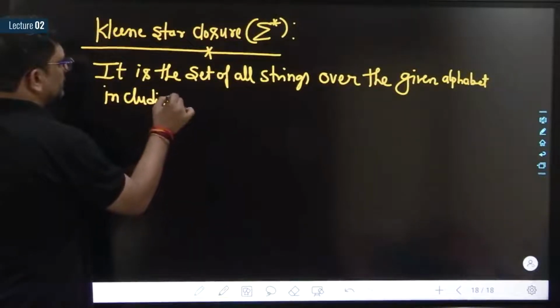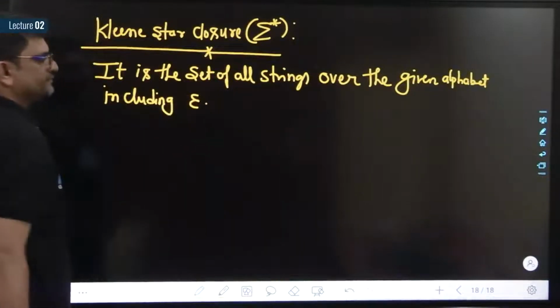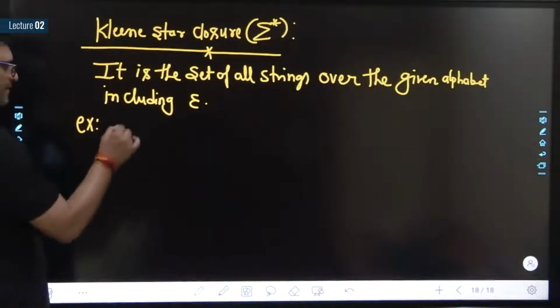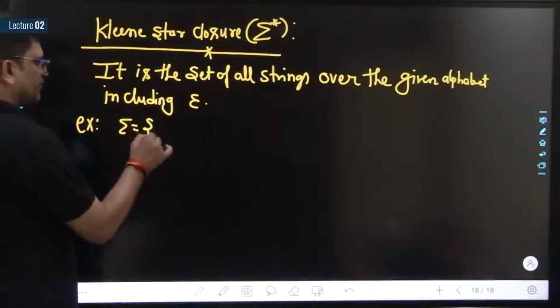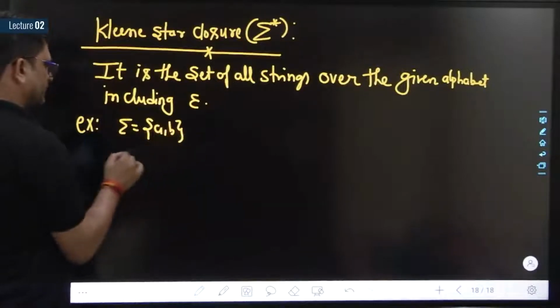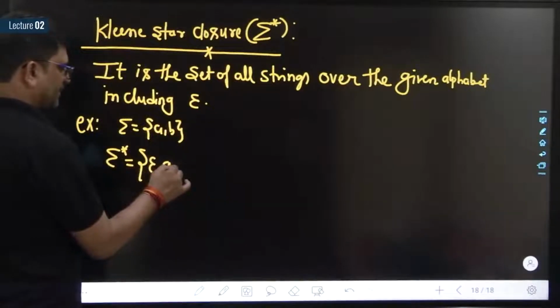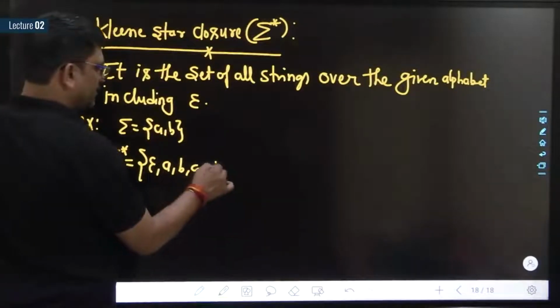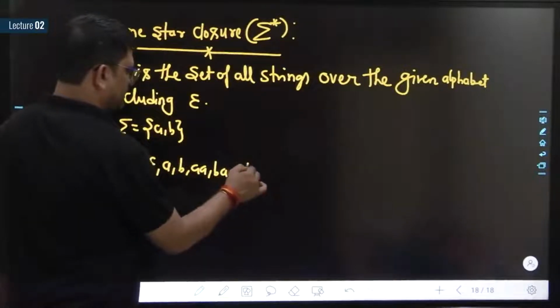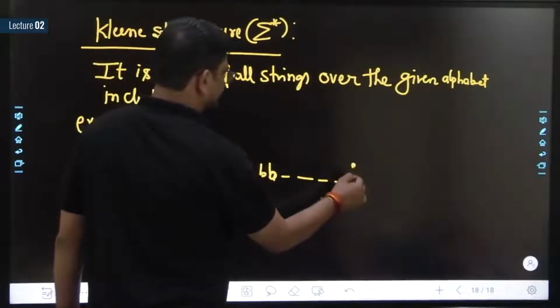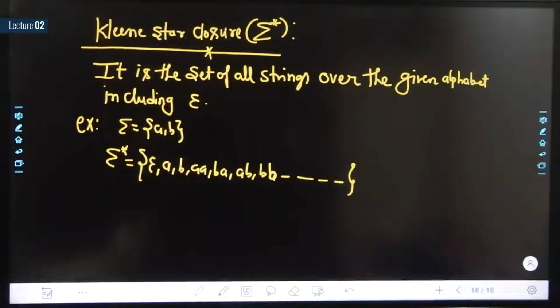For example, sigma equal to a comma b. Then what is sigma star? Epsilon, a, b, aa, ab, ba, bb, and so on. This is the Kleene closure. Clear?